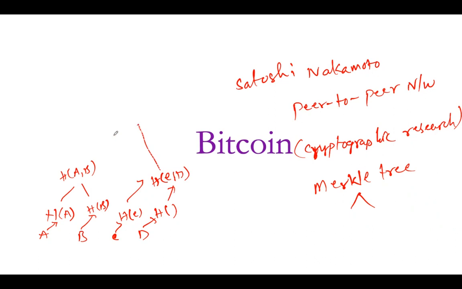Then this will give the hash of A, B, C, D. We call this the root, or the Merkle tree.